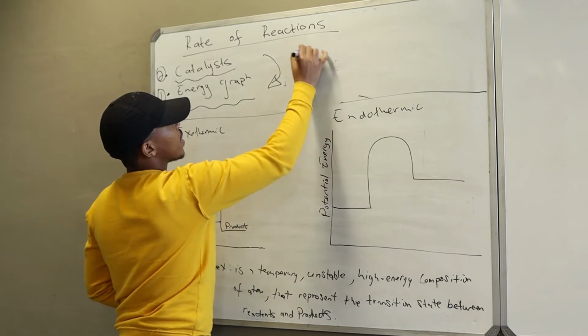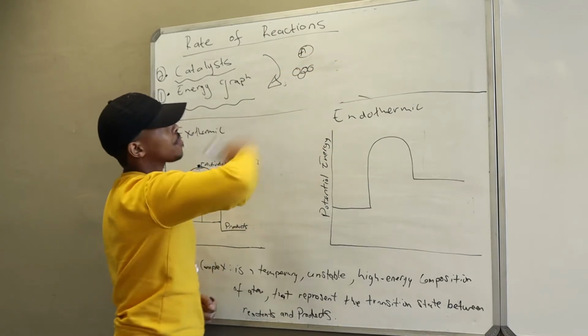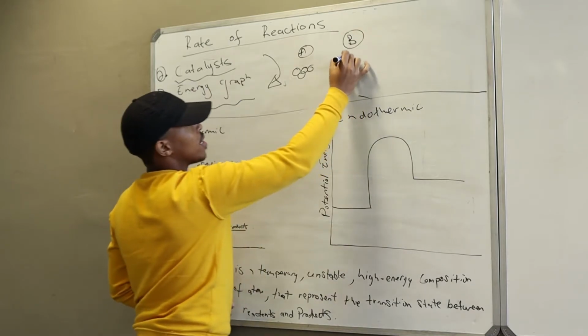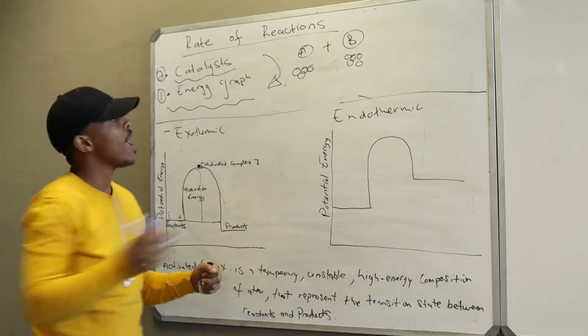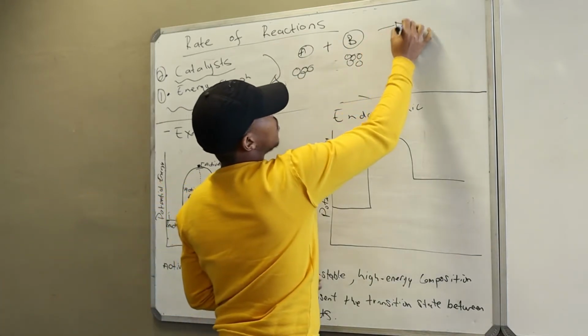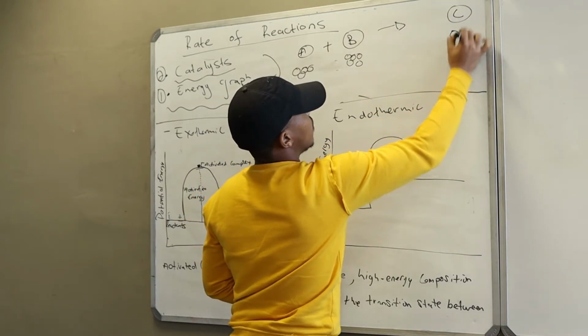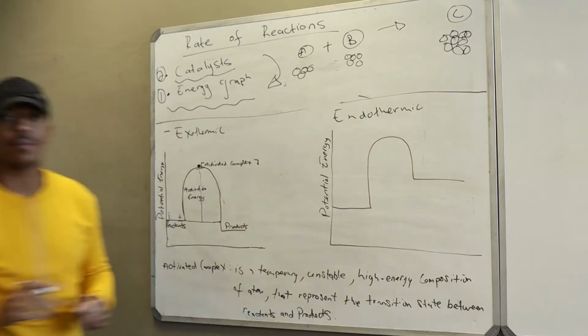It's a particular compound or element or atom or particle, however you want to put it. And then we have B, right? And what they need to do is form C. Okay? Whatever the new composition is going to be.